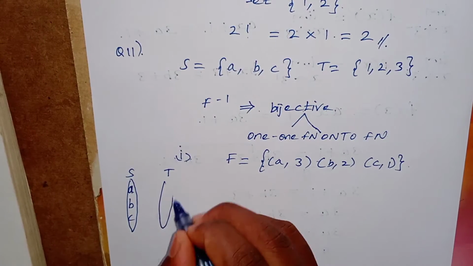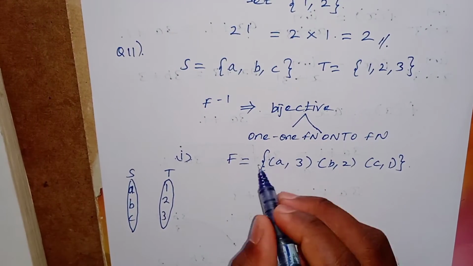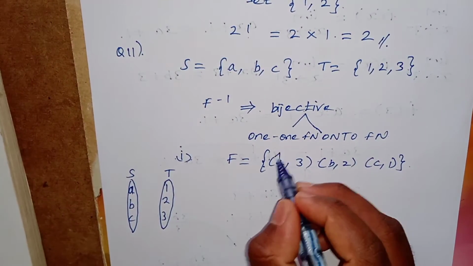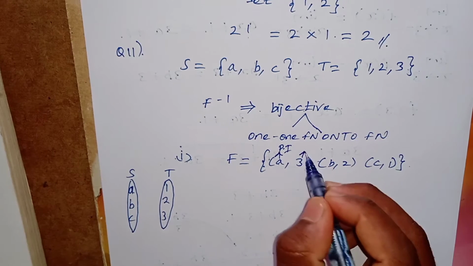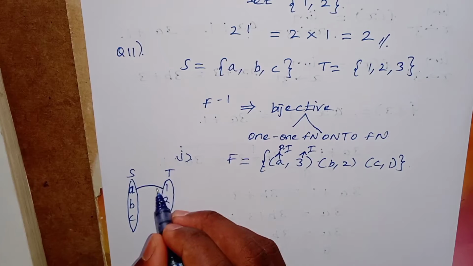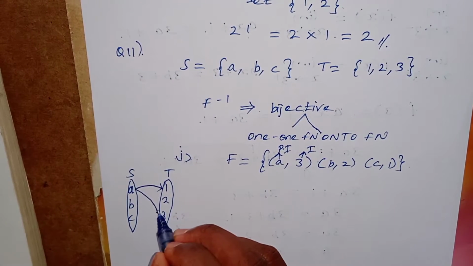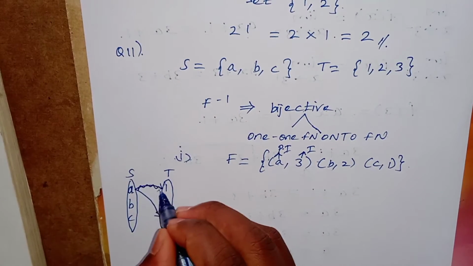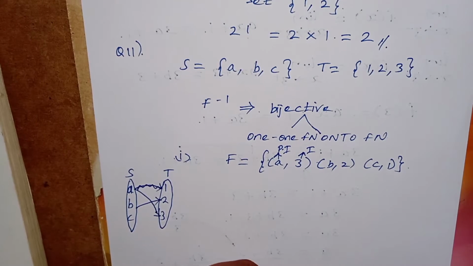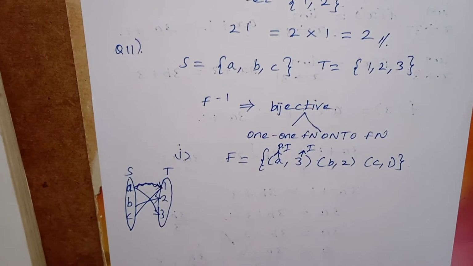For T, here 1, 2, 3. My function is here a, b, the pre-image, and the image. Therefore a has image 3. For b, 2 is the image. For c, 1 is the image.